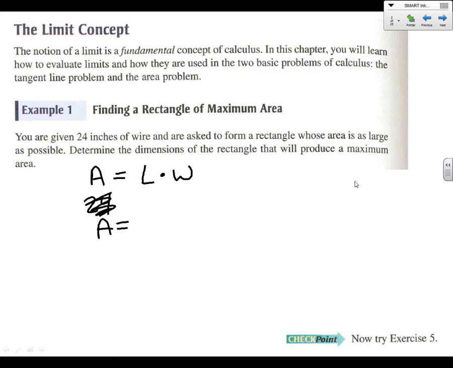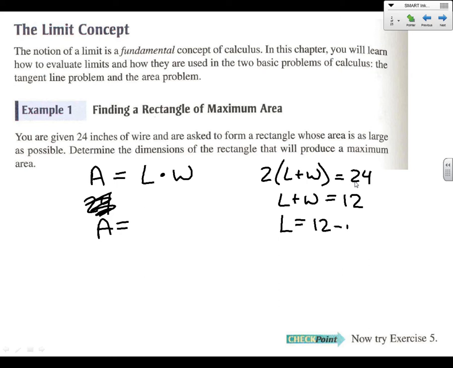We know that the perimeter has to be 24, so 2 times length plus width has to add up to 24, so the length plus the width has to equal 12.